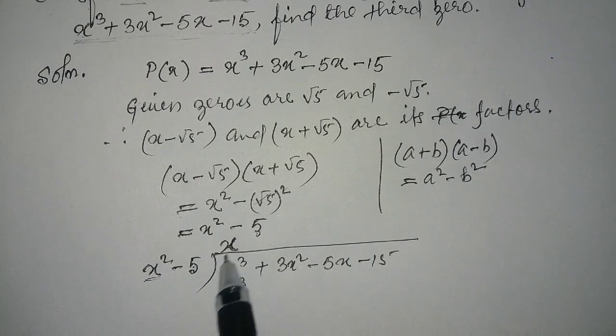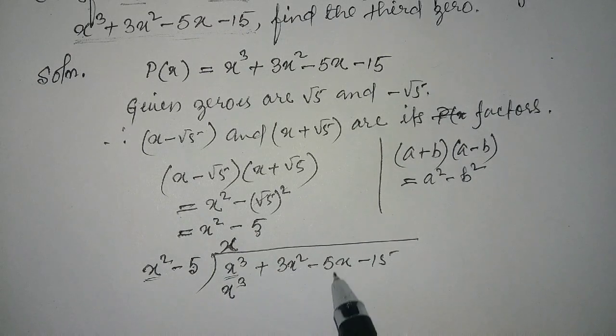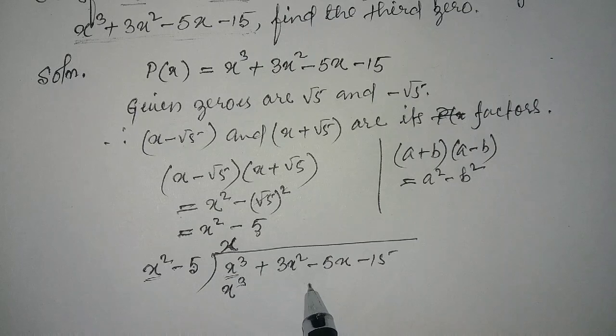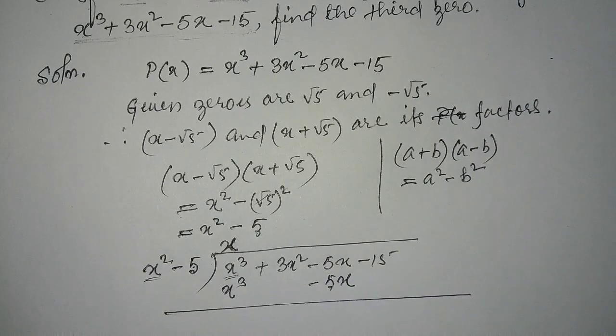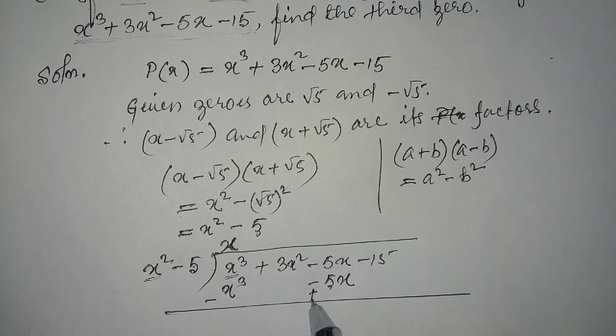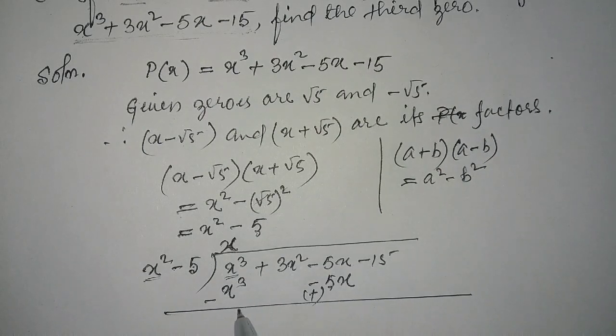Since there is no x square term, we write it in this line. So 5 into x is 5x. Now while subtracting, the signs down here are taken to be opposite. This is plus, so it is taken as minus, and this is minus, so it is taken as plus.